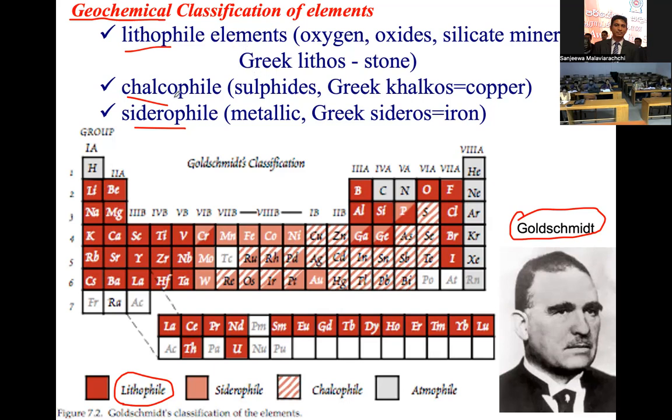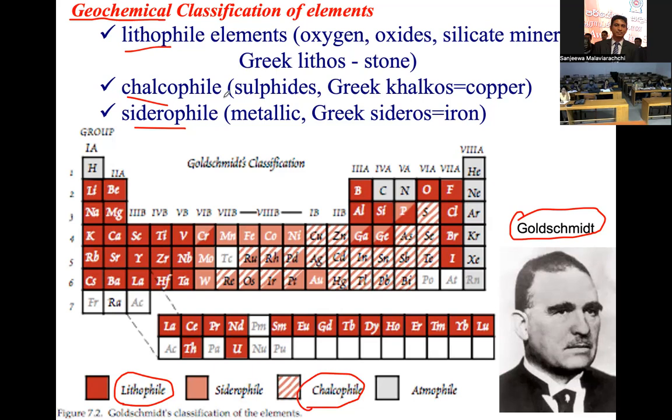And then we have chalcophile elements. Chalcophile elements you can see here in this light orange, hatched mark in the periodic table. You can see copper, zinc like elements. They are chalcophile.